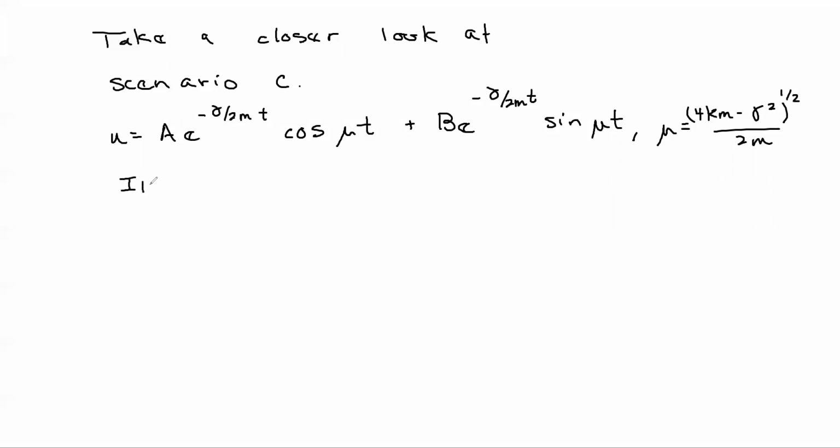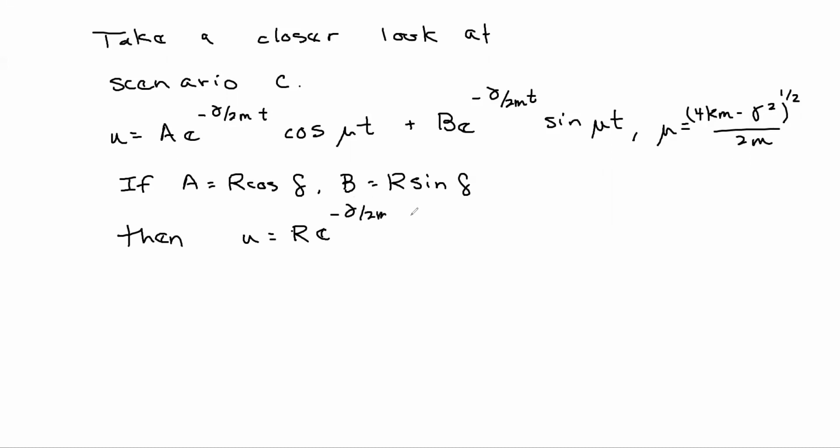So if we say A equals R cosine delta and B equals R sine delta, then you can do the exact same manipulations we did earlier, and we're just going to skip over them this time. You'll get R e to the negative gamma over 2m t cosine of mu t minus delta.